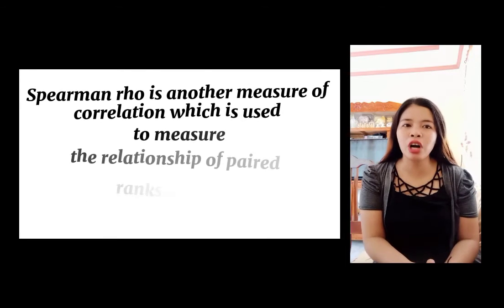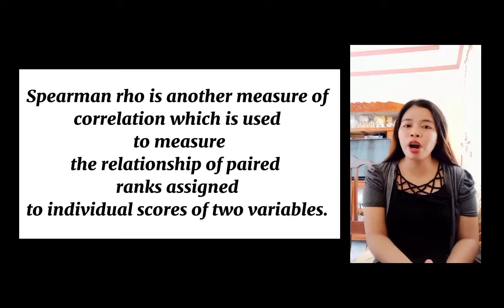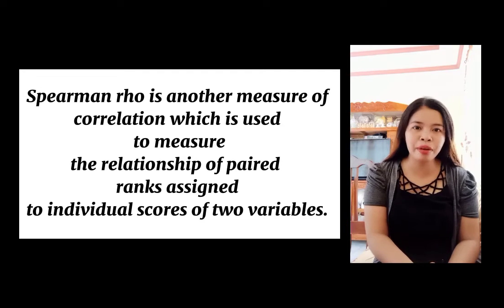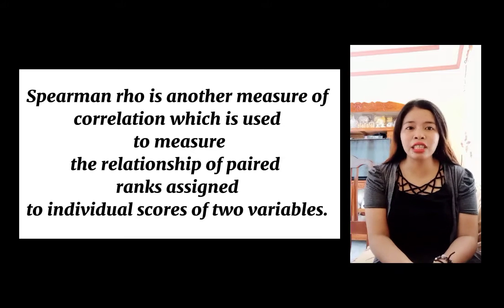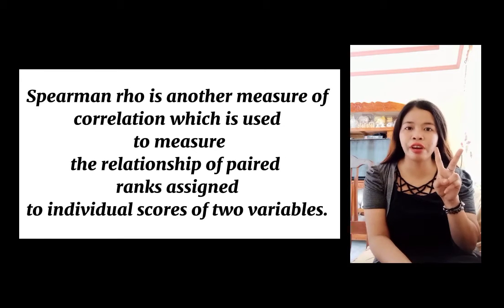So Spearman rho is another measure of correlation which is used to measure the relationship of paired ranks assigned to individual scores of two variables.